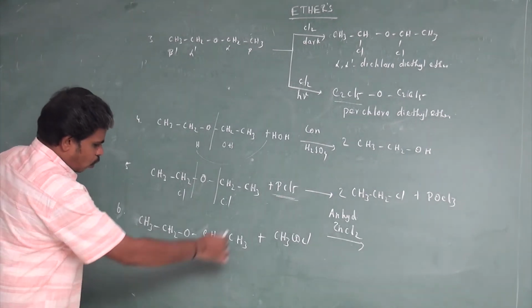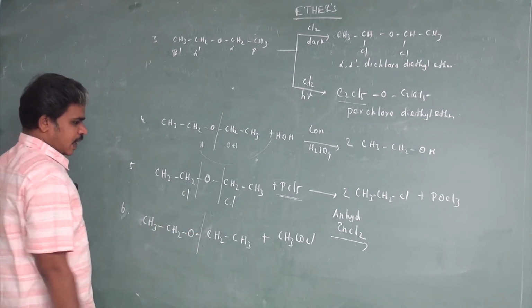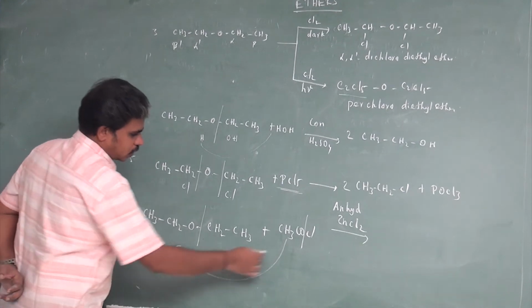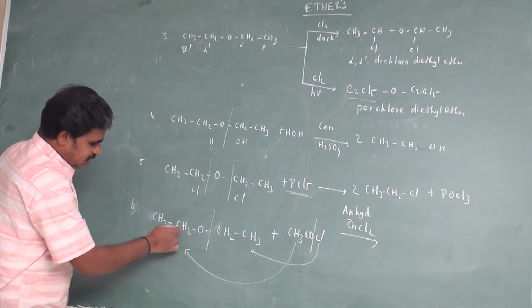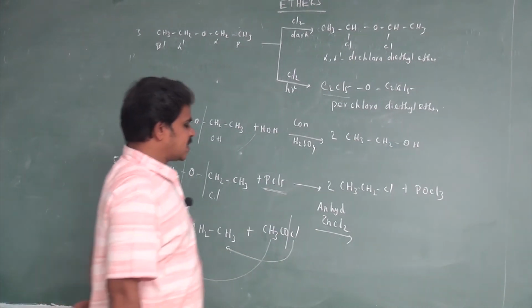So here what is the product? Listen, the C-O bond may be cleaved here and the chlorine is cleaved here, so that this part goes here and the chlorine goes here. So what is it? CH3CH2O-COCH3. So we get esters.